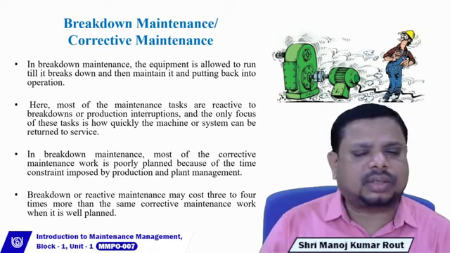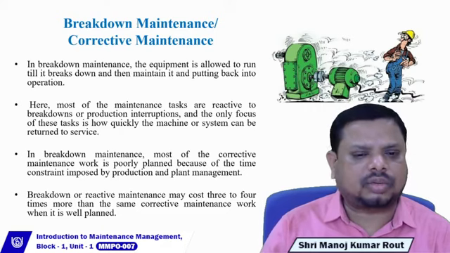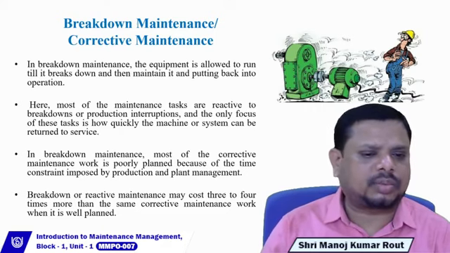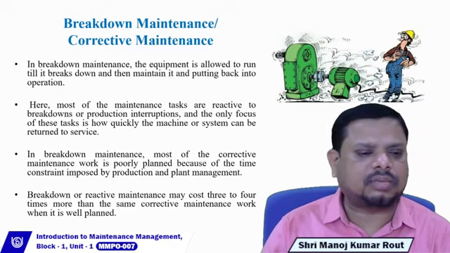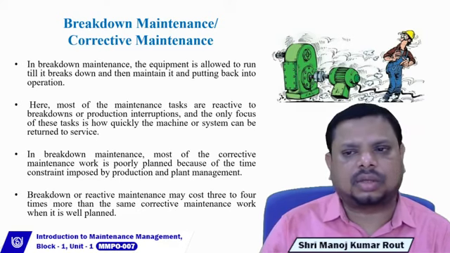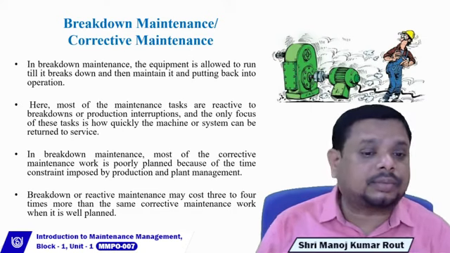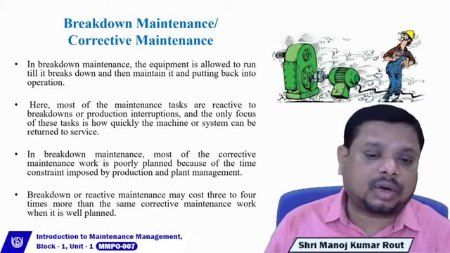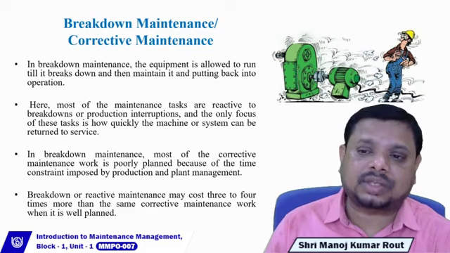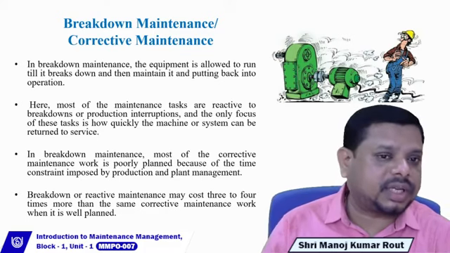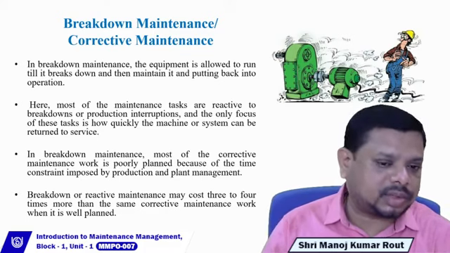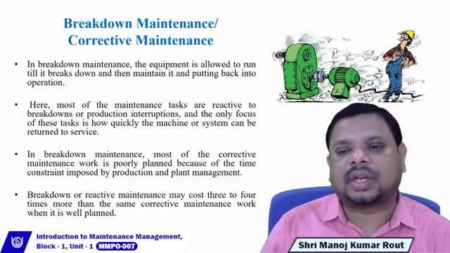The next one is the drawback of breakdown maintenance. Most of the corrective maintenance work is poorly planned because of time constraints. Some machine breakdowns take a large amount of time. Some machines are very critical.